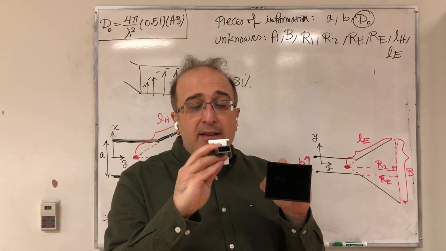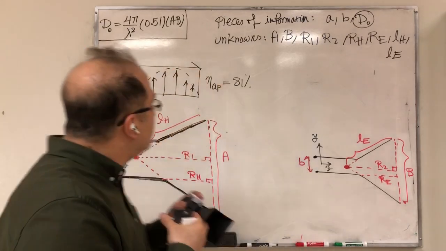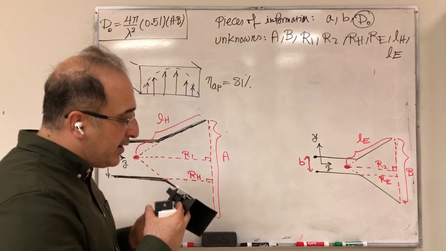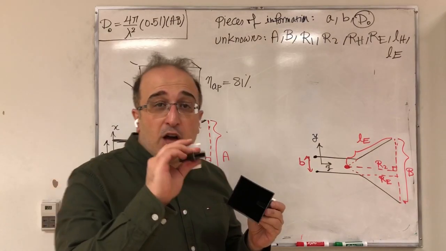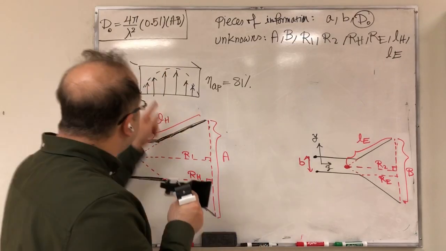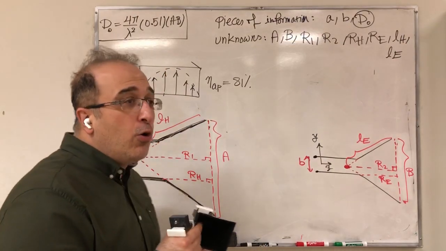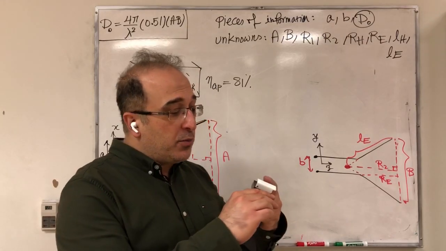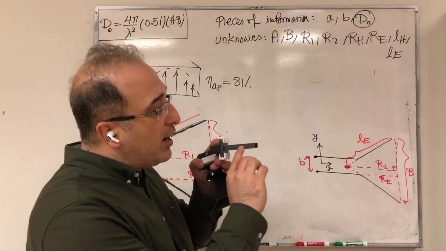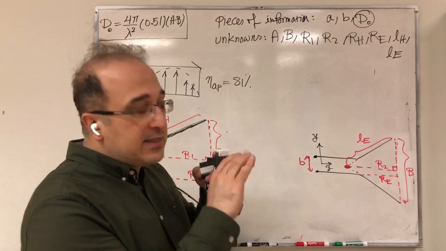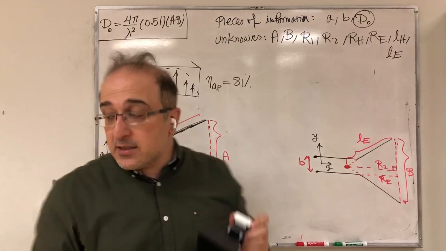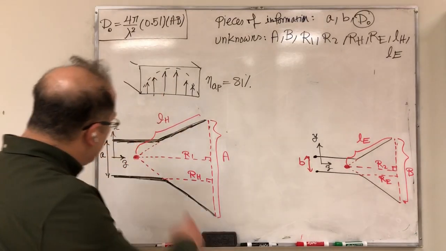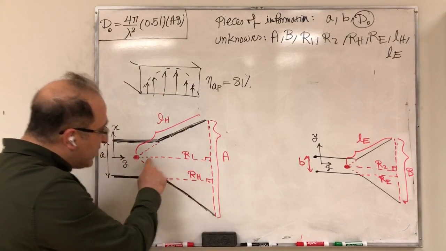Now, this is 81% for the reason that, as you see, part of the aperture has not been used in terms of field distribution. But this comes with an advantage, that these electric fields here are all in phase on the aperture, because they're traveling through the waveguide, and they arrive in phase at the aperture. But with the case of horn antenna, as we discussed in the previous class, we have different distances to the aperture.